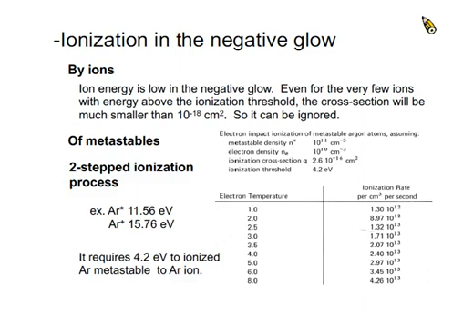For ion impact ionization, the cross-section is very small, so this part can be ignored.